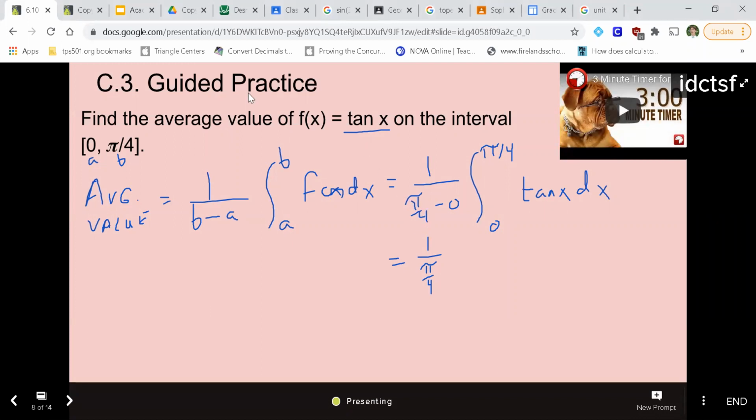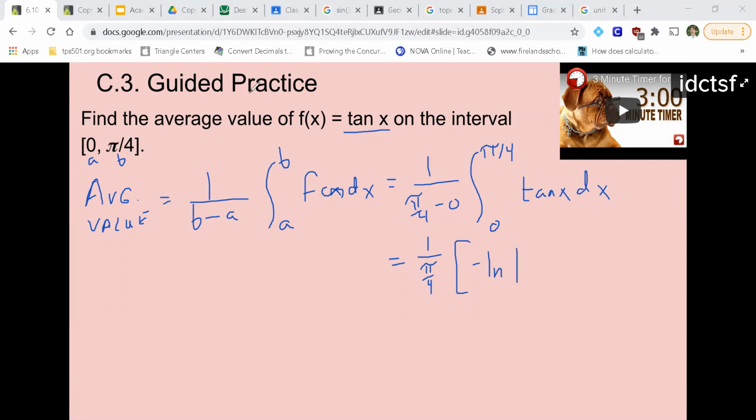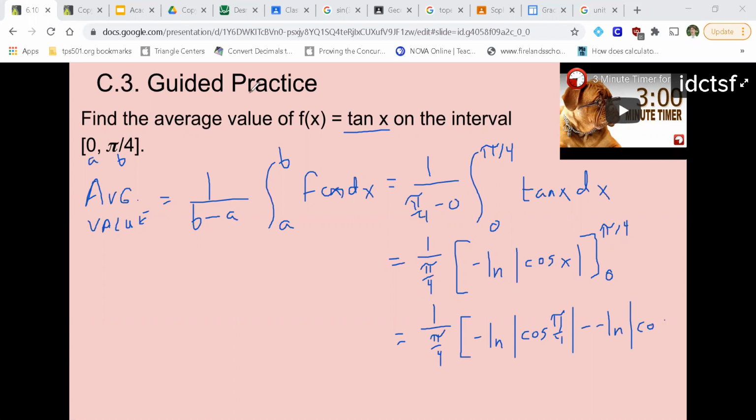So then this is negative natural log of the absolute value of cosine x from 0 to pi over 4, which gets us 1 over pi over 4 multiplied by the natural log of cosine of pi over 4 minus the negative natural log of cosine of 0.